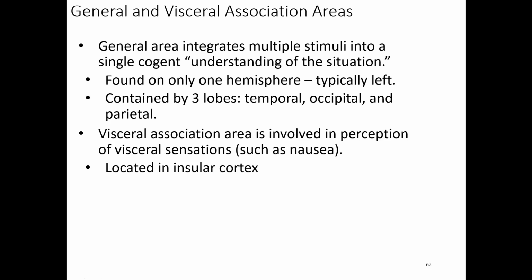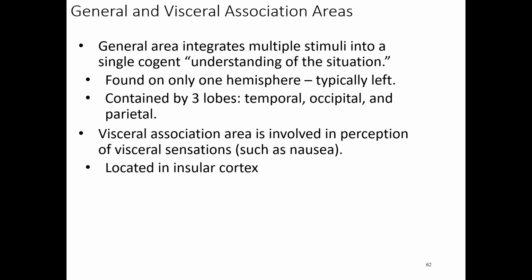We also have a general association area. On top of all these specialized association areas, we also have what's known as the general association area. It's usually on the left-hand side. It's made up of the temporal, occipital, and parietal lobes. And this gives us a comprehensive picture of what's going on.